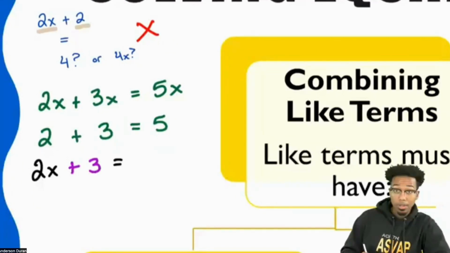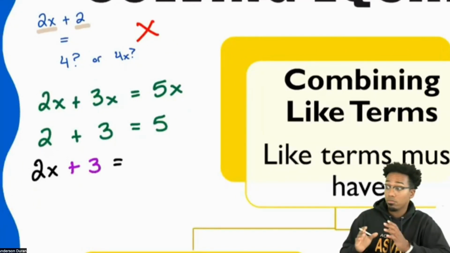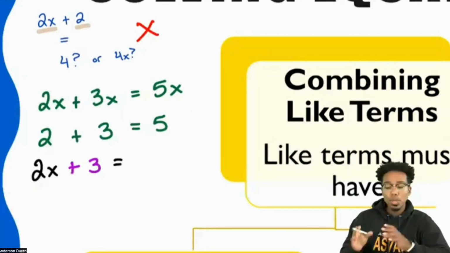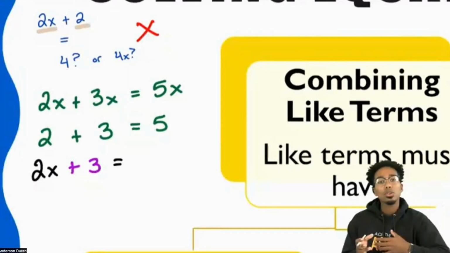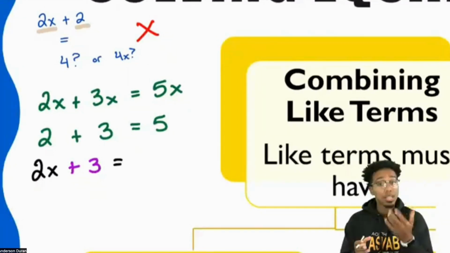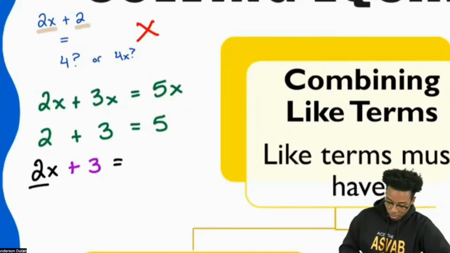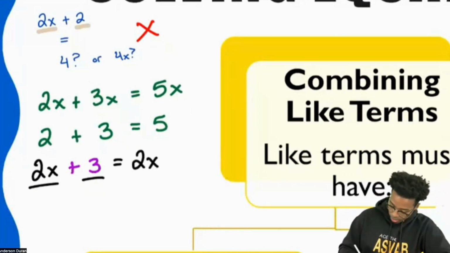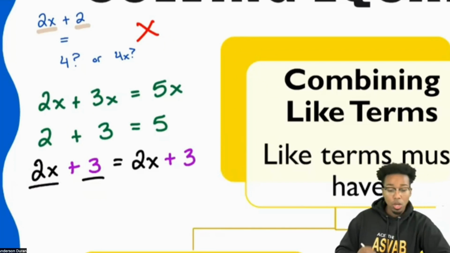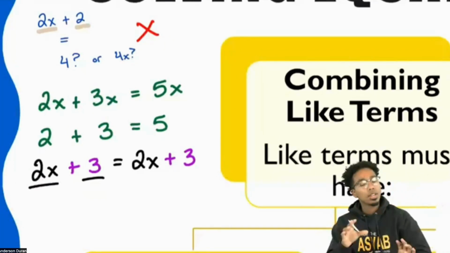That's just going to be 2x plus 3. You cannot combine those because they're not like terms. Like terms have the same variables and the same exponents. So if you're looking at 2x and 3, that's just going to stay 2x plus 3 because those cannot be combined. They are not like terms, and you just leave them alone.